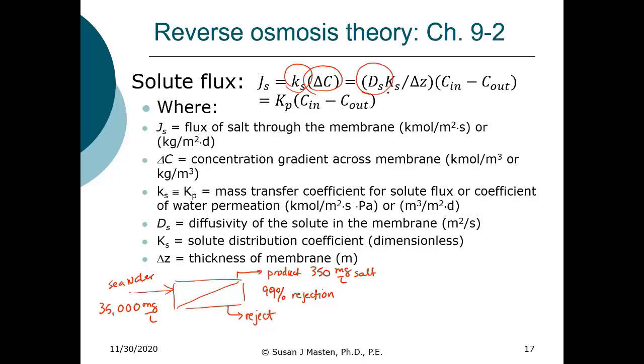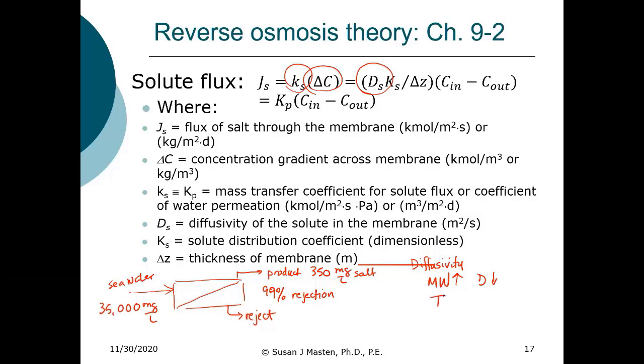Now, it's dependent on the diffusivity, which describes the rate of diffusion of that chemical. The higher the molecular weight, the lower the diffusivity. The chemical is not going to diffuse either in air or water as rapidly if it's a higher molecular weight.